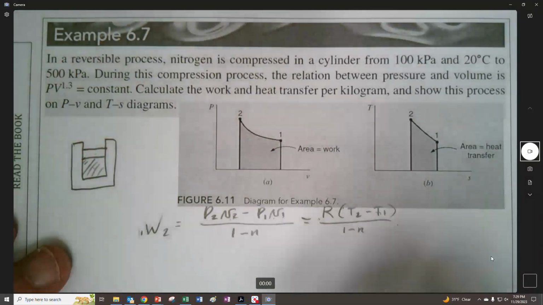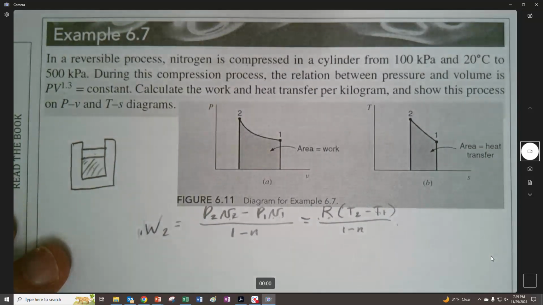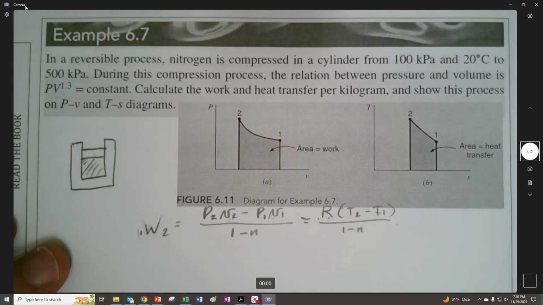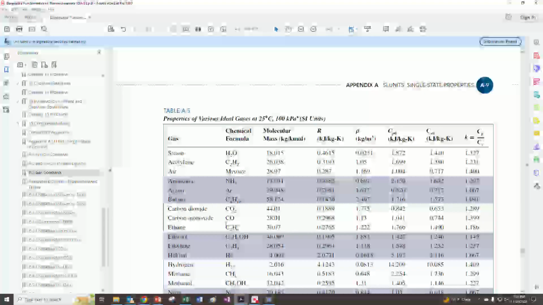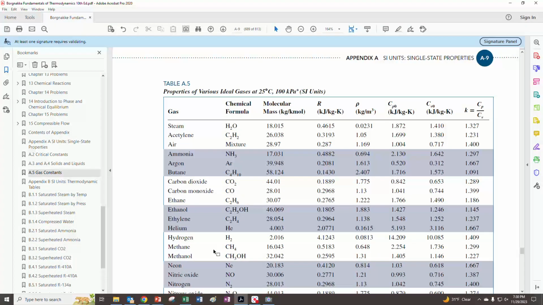First thing we know is we're going to have to get some things from the book. So this is nitrogen, and we're not used to that. So let's write everything we have down from table A5. So we have nitrogen, and here are the things that work out for nitrogen. You can see that it's pretty darn close to air, which is up here.